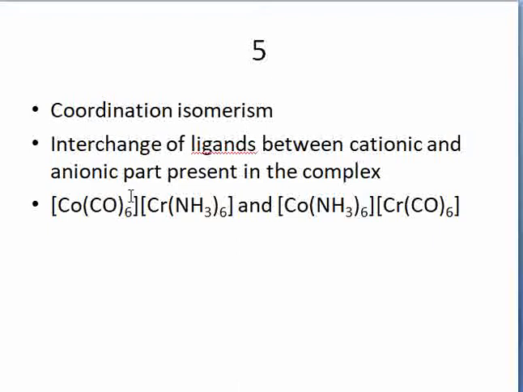They will interchange their ligands and produce a different complex. This is the cation part and this is the anion part. The interchange of ligands between the cationic and anionic parts present in the complex produces this kind of isomerism. So this is called coordination isomerism.